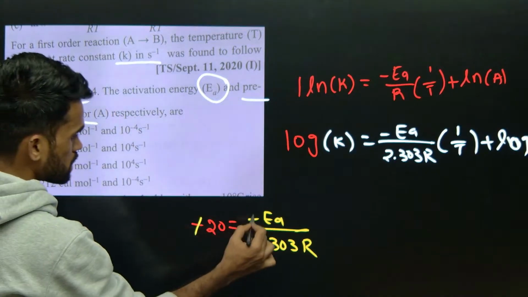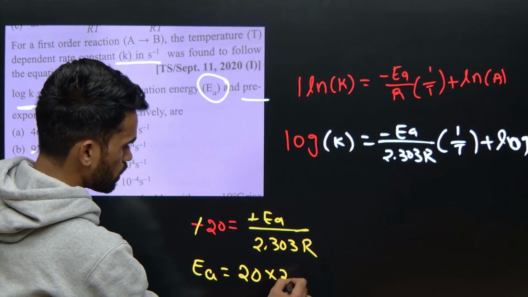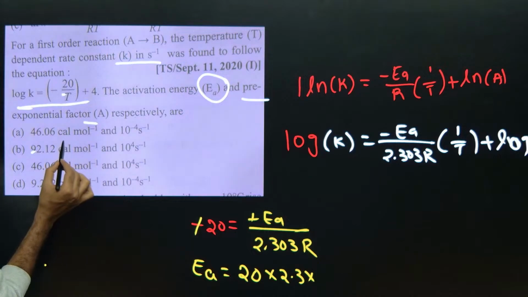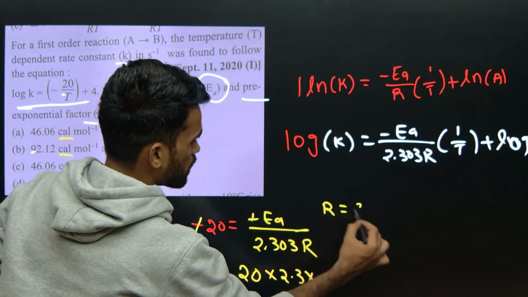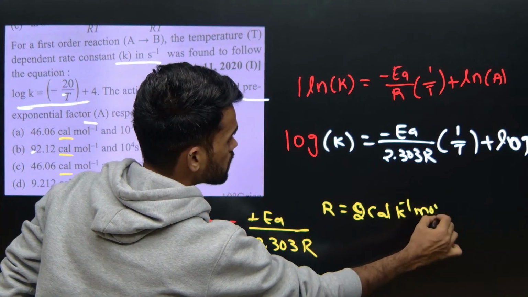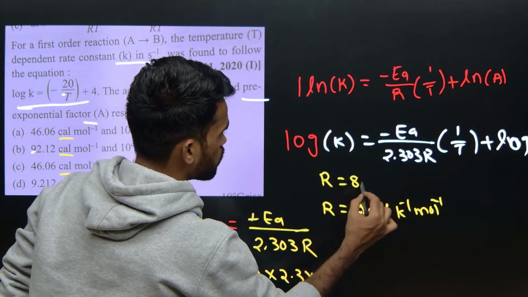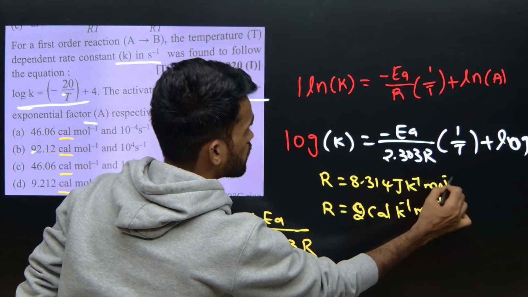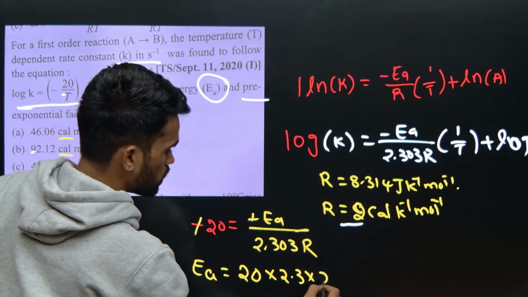From this, activation energy EA will be equal to 20 into 2.303 into R. They are asking our answer in terms of calories, so R can be 2 calorie per Kelvin per mole. If they ask the same answer in terms of joules, you can take R equal to 8.314 joule Kelvin inverse mole inverse. Here since it is in calories, you can take 2, that's it.